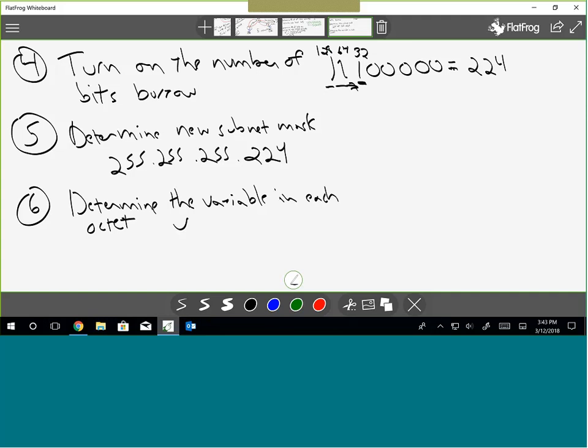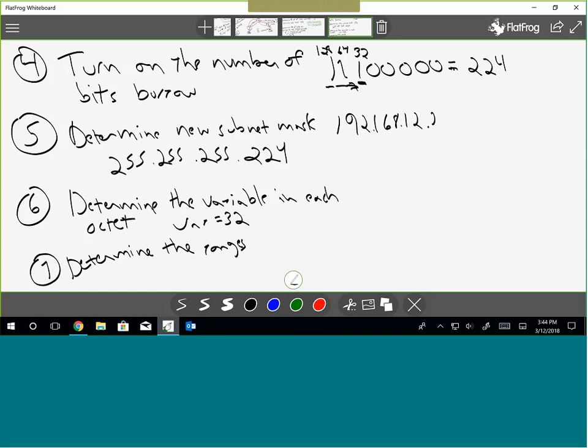And then step 7 is determine your ranges. This is where, especially when you get into multiple octets, it gets a little weird. But we know we start with 192.168.12.0. That's the start, right?